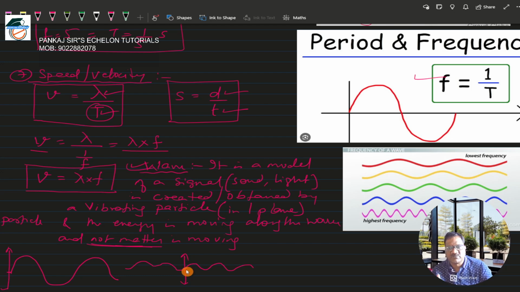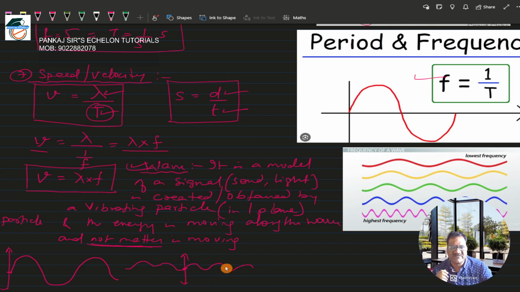Matter is not moving, but the energy is moving from right to left. The energy of this vibrating particle will be transmitted to the neighboring particle, and it will start again oscillating up and down in its own one plane, and that particle will again create energy which will be transferred to the further particles. That is how the energy moves along the wave, but the particles will be just dancing up and down.